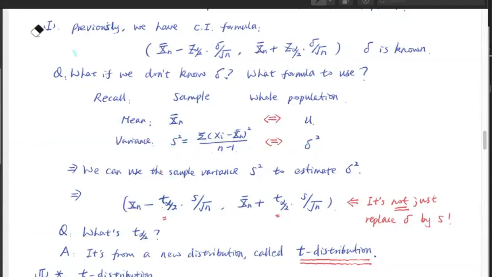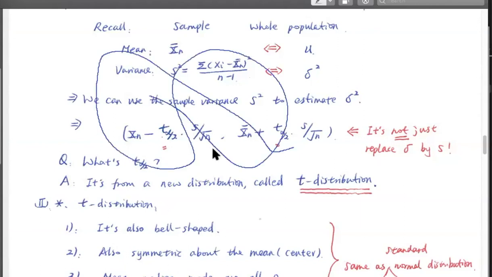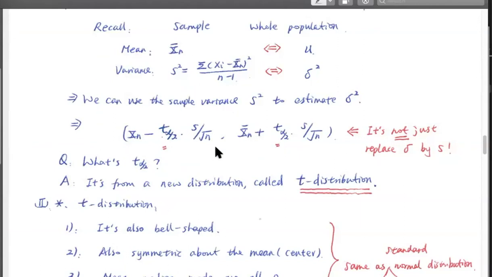Okay. So now we have this new formula here. If you pay attention to this new formula, what's happening here is we replace sigma by S, but that's not enough.